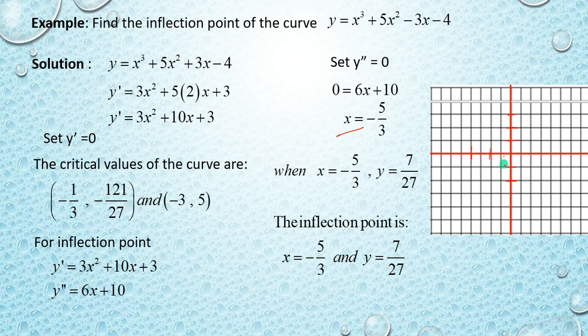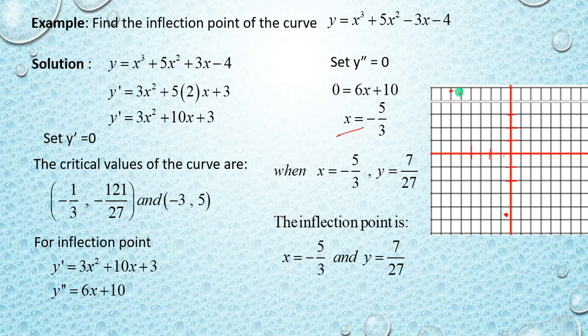That is 121 over 27, somewhere here: 1, 2, 3, and 4, somewhere here. And also the negative 3 and 5. So 1, 2, 3, and negative, and 1, 2, 3, 4, 5, somewhere here.